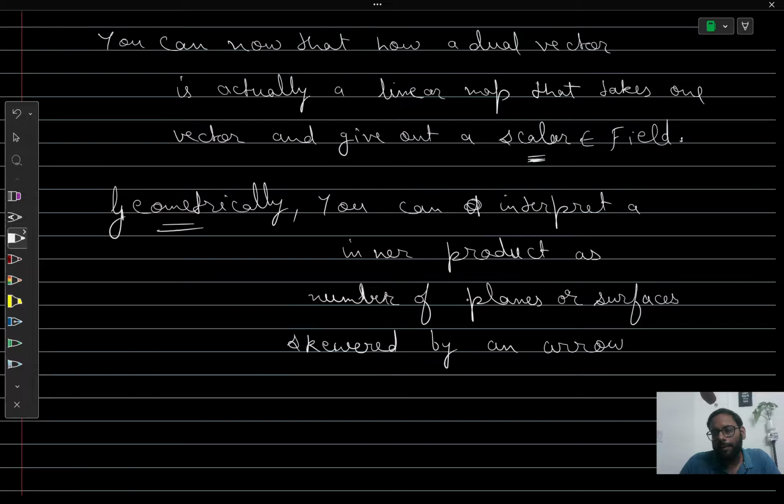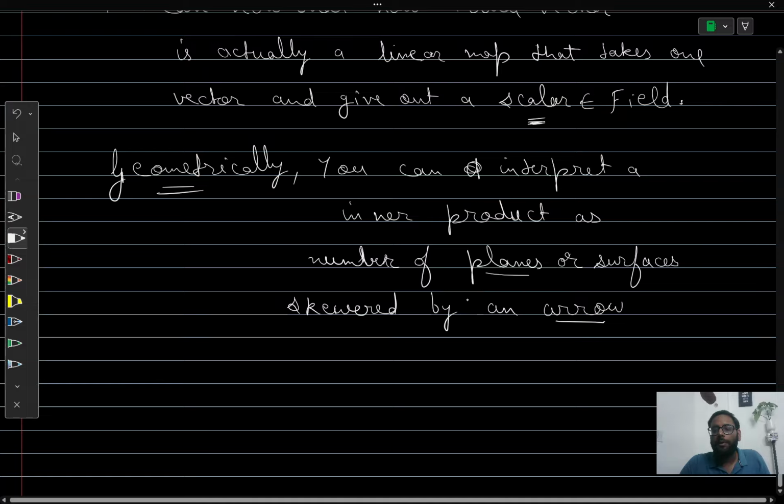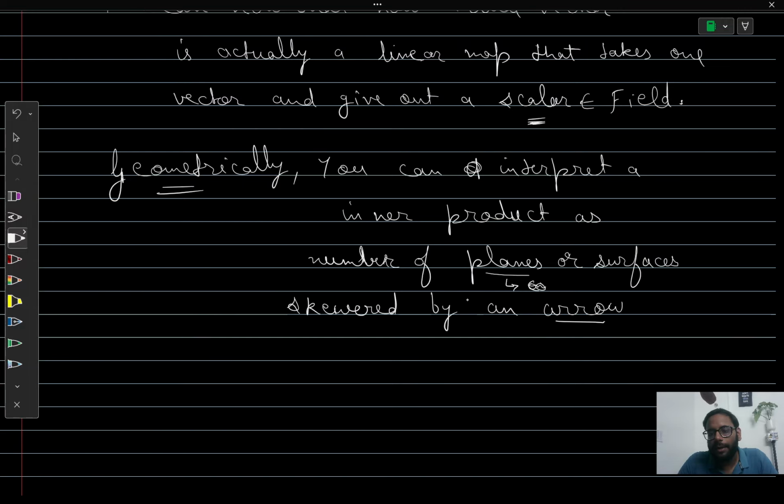Of course the planes are one forms, or say covectors, and an arrow is a vector. I should write covectors so that you can remember it, but one forms are a better option to write here, because in differential geometry you can define one forms like this. And an arrow is just a vector.